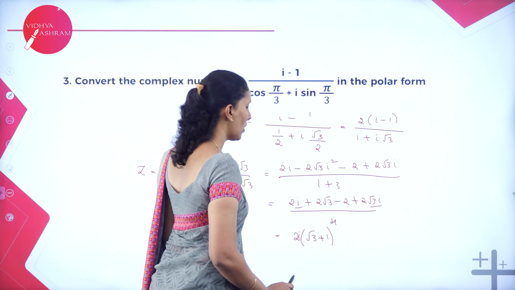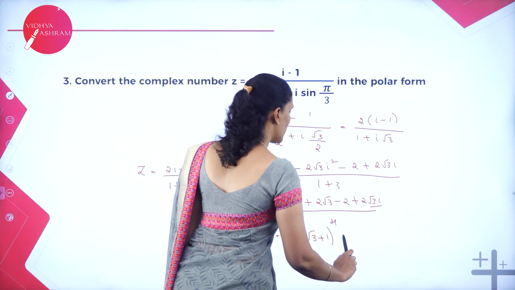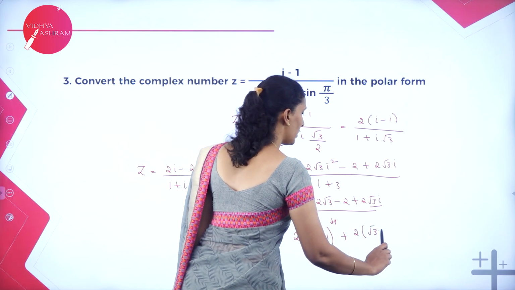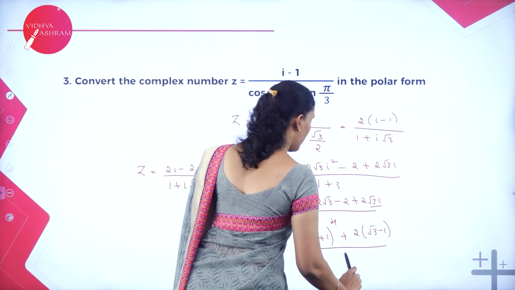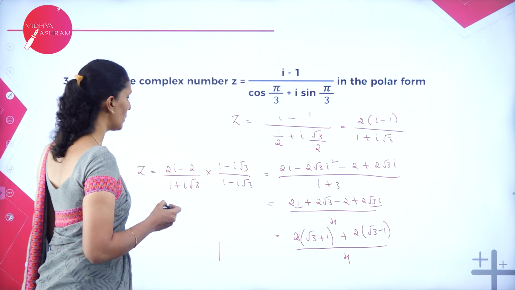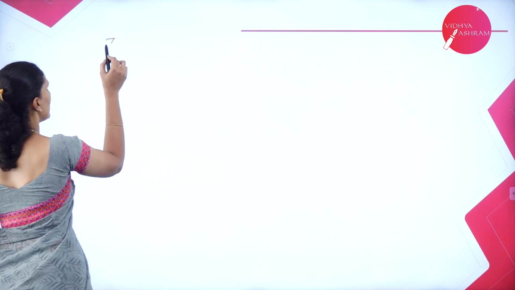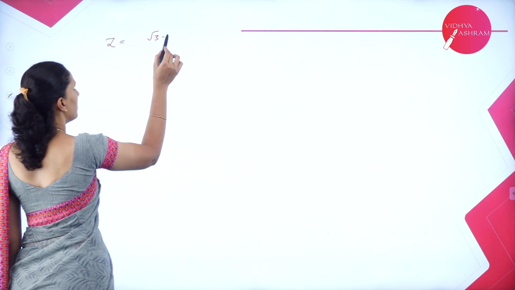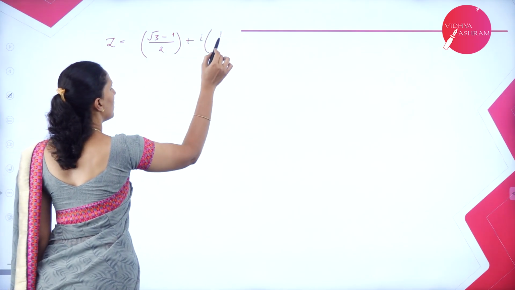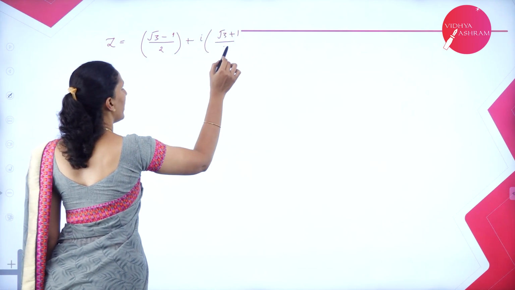We will get the factor as root 3 plus 1. Next we have plus 2 as a common factor, root 3 minus 1, whole divided by 4. So dividing and separating these 2 terms, we will get z is equal to (root 3 minus 1) by 2 plus i (root 3 plus 1) by 2.